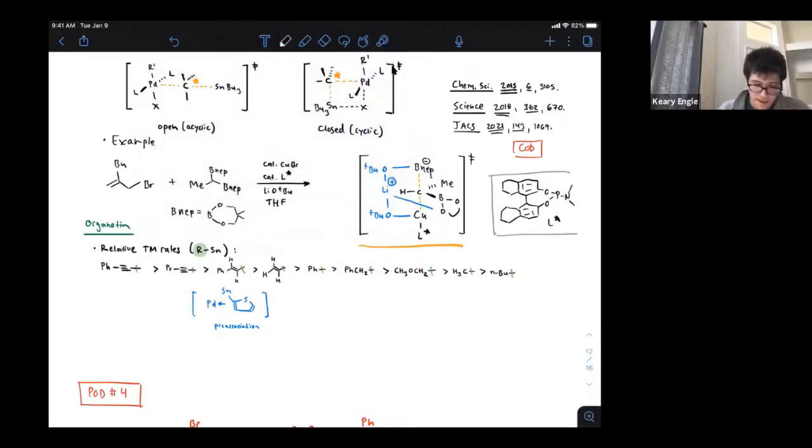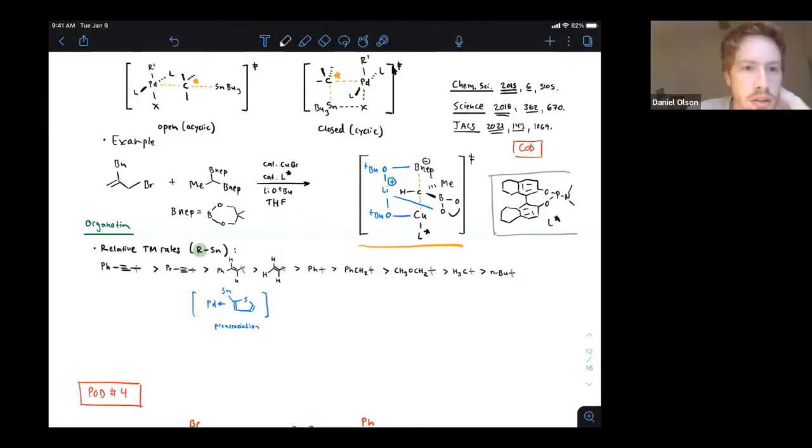I think the carbon bound to the bromine would end up forming a bond with the carbon we see in that transition state. That would be my guess.